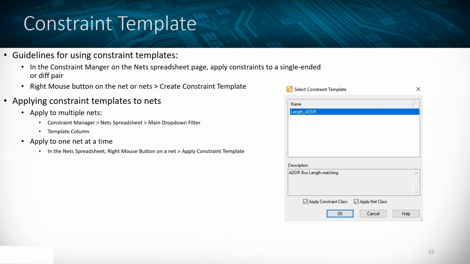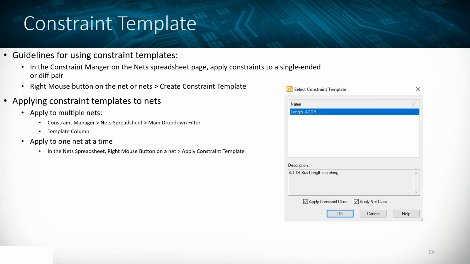I've basically outlined the process here, but it's in the Constraint Manager on the Nets spreadsheet page. This is the only place you can use constraint templates, the Nets spreadsheet. We can apply these constraints to a single-ended net or a differential pair, and all we have to do, again, is right mouse button click and hit Create Constraint Template.